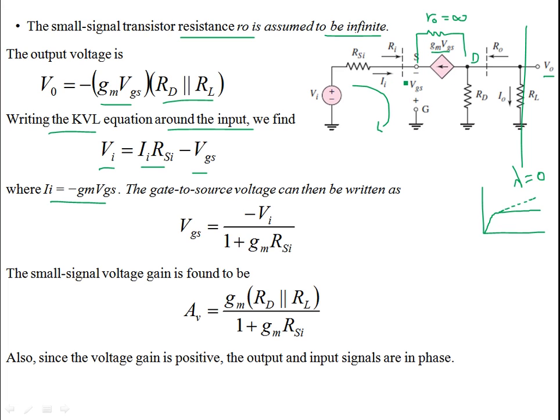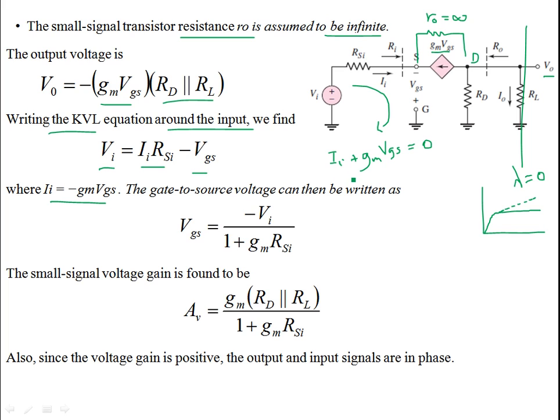According to KCL, if you apply KCL at the source node, then you can write II plus gm VGS, which is the MOSFET current, equal to 0, because there is no gate current, because of the infinite resistance at the gate terminal.